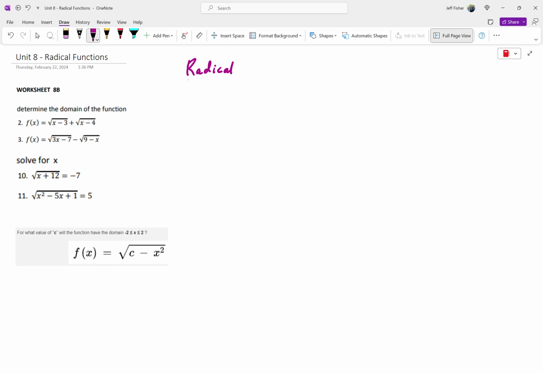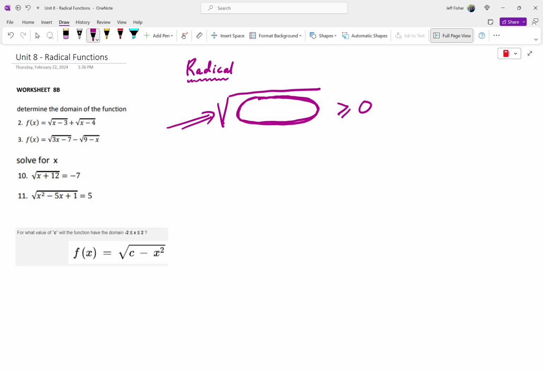But like rational functions, with radical functions we have to be very concerned about the value under the radical, whatever it is, must be greater than or equal to 0. Because if this expression under the radical evaluates to a negative number, then we're going to have a complex number, and we're not working with complex numbers at this point.